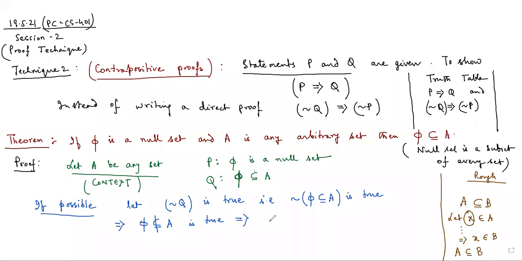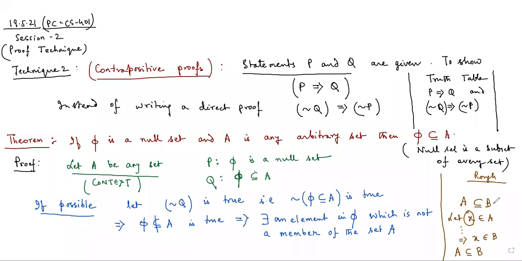This implies there exists an element in phi which is not a member of the set A.